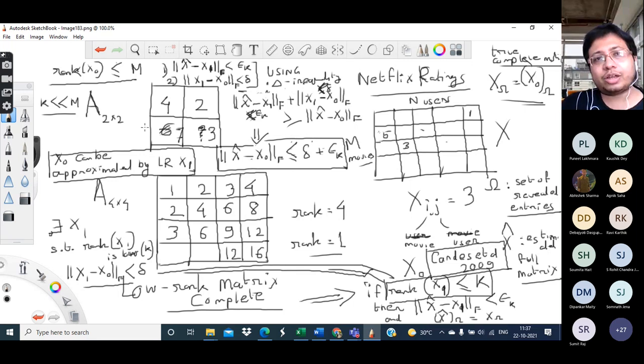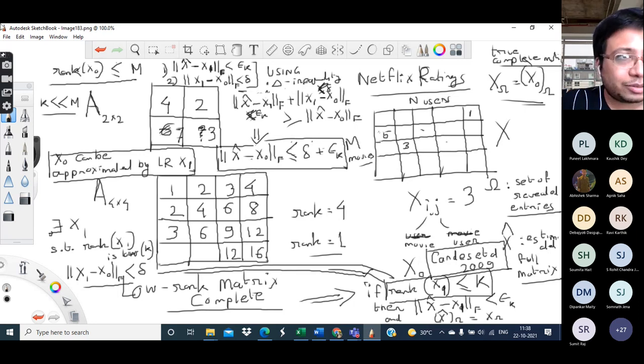It is quite close to the original rank 1 matrix 4263, but it is not a rank 1 matrix. Similarly, we cannot expect the Netflix ratings matrix x naught to itself be a low rank matrix, but we can expect that there will be a low rank matrix x1 which will be quite close to it in terms of Frobenius norm, and that x1 is what we are estimating here.